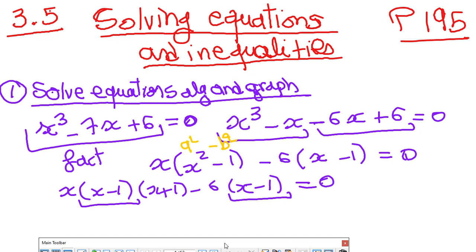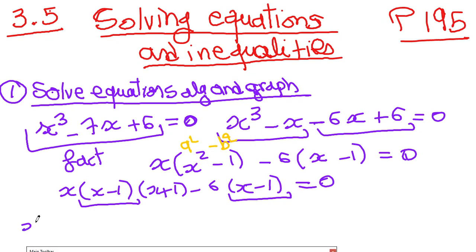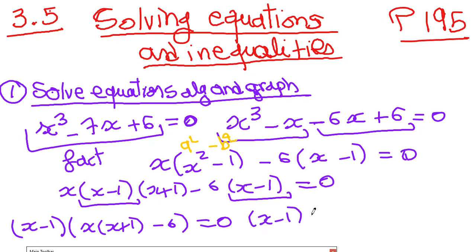This is x minus 1. So I will have x minus 1 factor of, from the first part, I still have x times x plus 1, minus 6, is equal to 0. Sorry, I can develop now this expression. So it will be x minus 1, x squared plus x minus 6, is equal to 0.